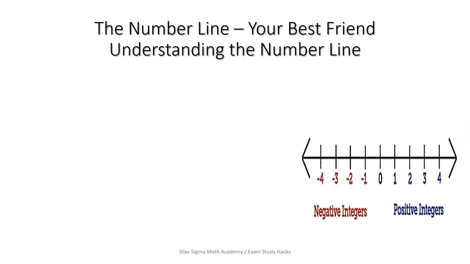Now, the number line is actually your best friend. If you understand how to work with the number line, it will really help you to work with negative and positive numbers. Remember that these negative and positive whole numbers are what we call the integers. The integers could be positive, and it could also be negative.